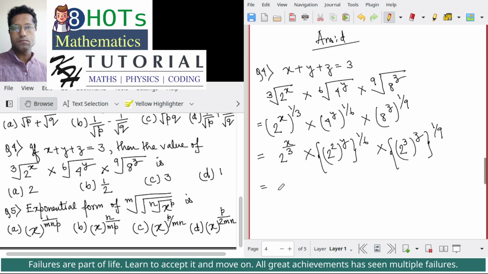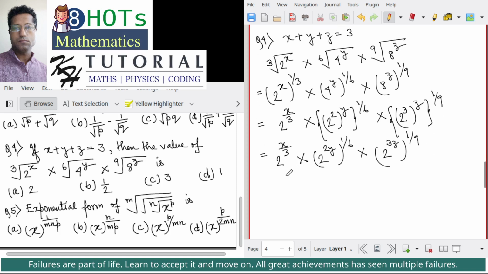So this becomes 2 raised to the power x by 3 multiplied by 2 square raised to the power y, which is 2 raised to the power 2y, this whole raised to the power 1 by 6, multiplied by 2 raised to the power 3z, this whole raised to the power 1 by 9.